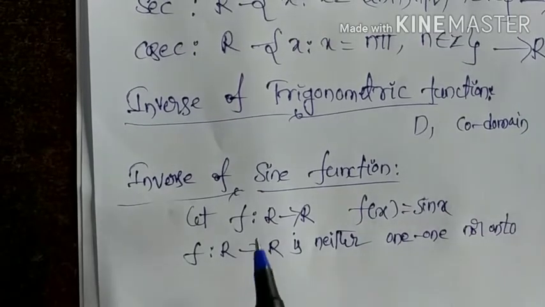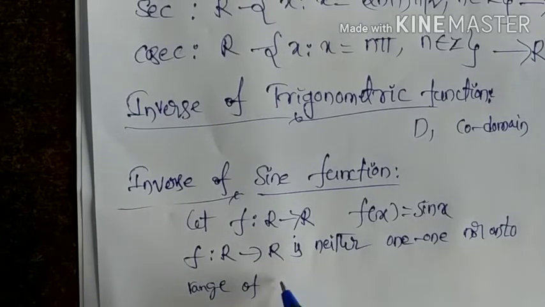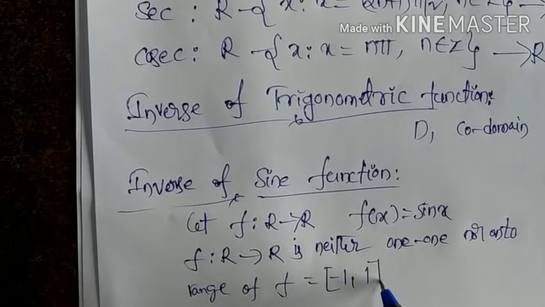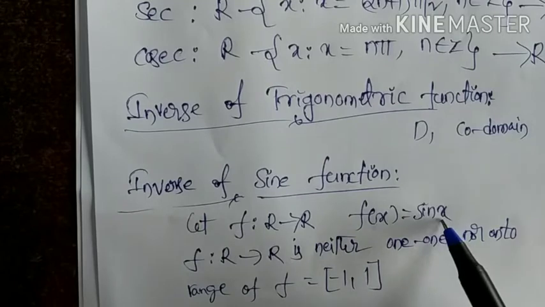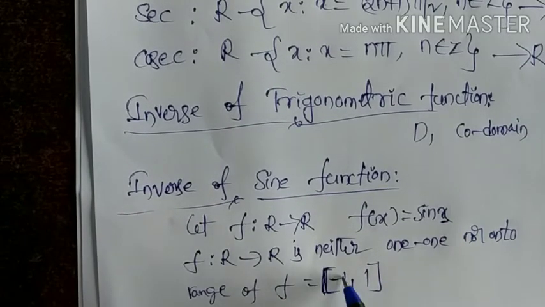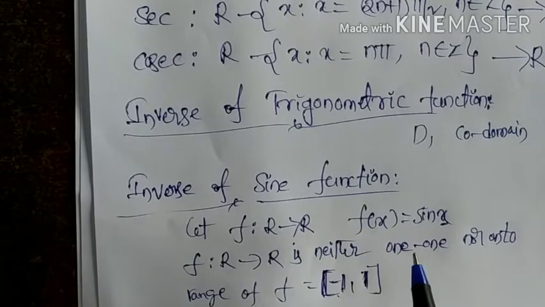But the range of function f is [-1, 1], because whatever input we give for x, the output values are between these two values only, -1 and 1. This is the range of the sine function, right?